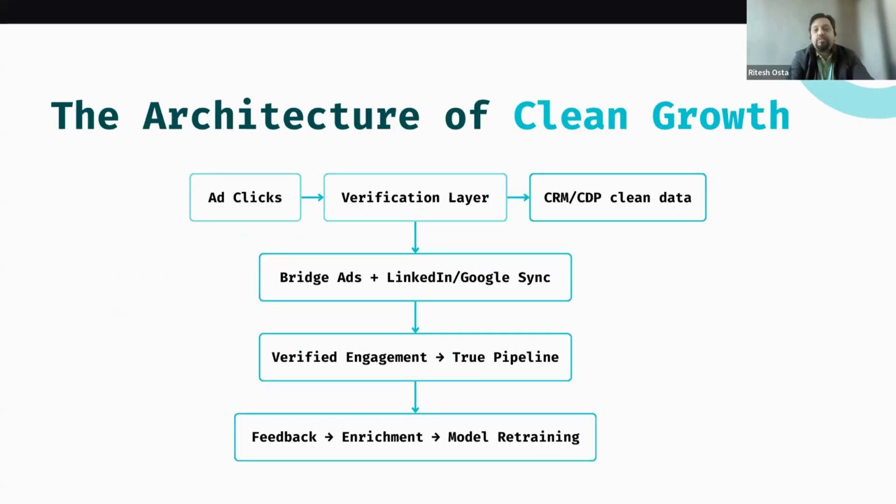So ad clicks to verification layer to CRM CDP clean data, then bridge ads. It also affects the bridge ads, then verified engagement, which creates true pipeline, and then you continuously do the feedback and enrichment and model retraining. Okay, we use OpenAI and Gemini and Claude in many of the cases for our customers, and the model continuously trains itself, right?